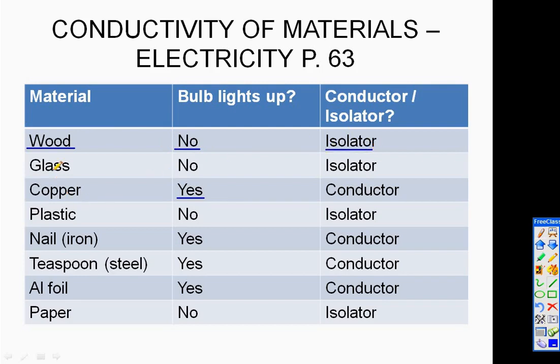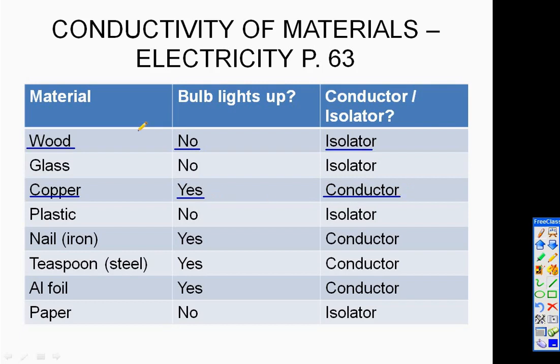We did the same with glass and plastic, but when we took a piece of copper and put it inside of the circuit, the light bulb lit up, and we know that copper is a metal, so that's why it is a good conductor. The electricity was able to flow through the circuit.